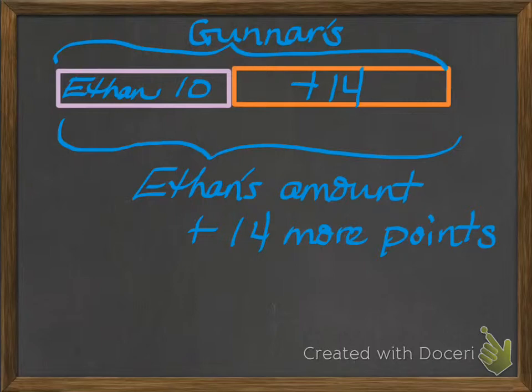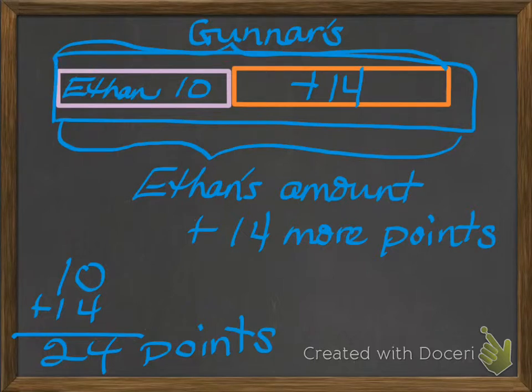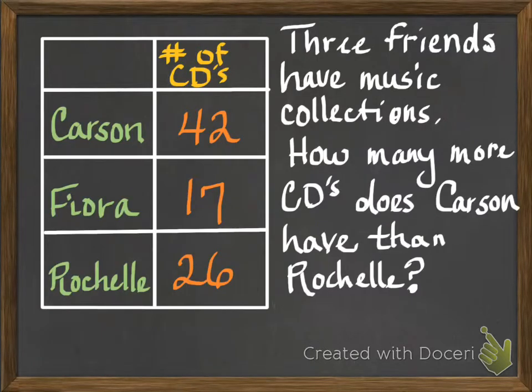So this picture model helps me figure out how many points each boy has and what I'm adding together. So I'm adding the 10 plus the 14 to find out that Gunnar had 24 points. But what's more important today, other than just finding the answer, is to actually use a picture model like this to show my thinking. So let's try it on another one.